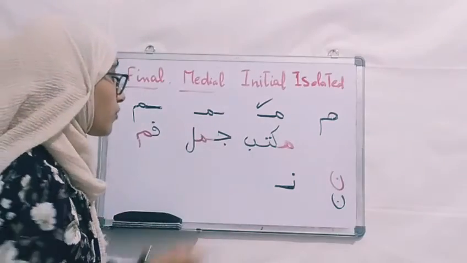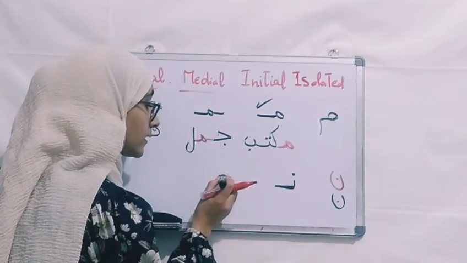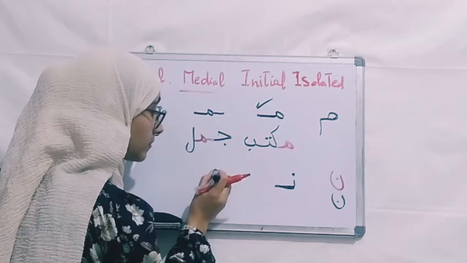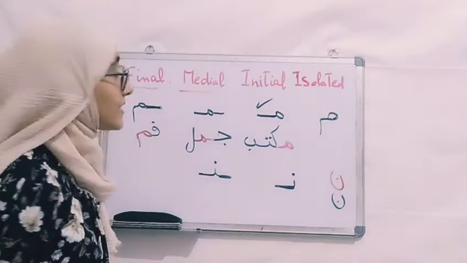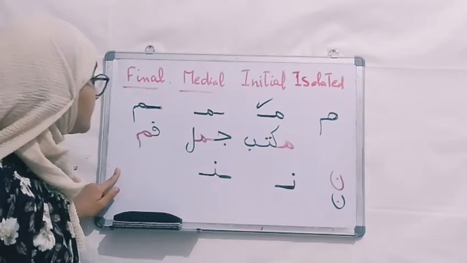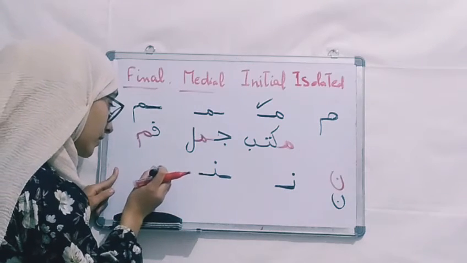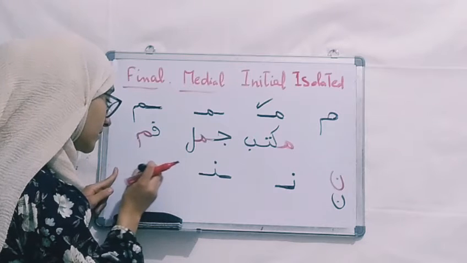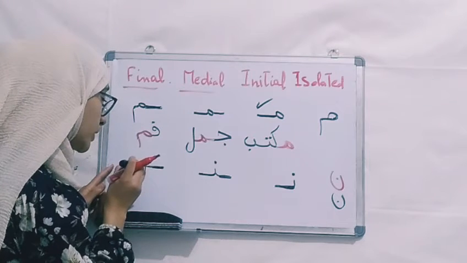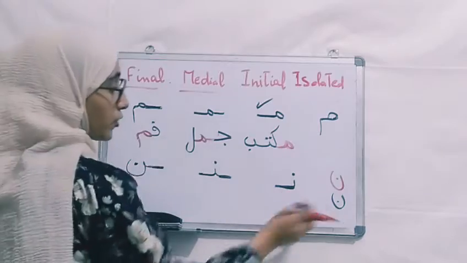In the middle form, you keep the connecting line, and then you keep it straight, with one dot on top. In the final form, you keep the connecting line, then you write noon as the isolated form.